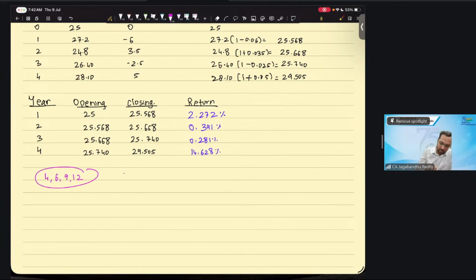How do you calculate the geometric mean of this? What's the formula? Can I just add all of them and divide by 4? Adding and then dividing by 4, is it going to give you the same geometric mean return? No. Then how do you compute the geometric mean?